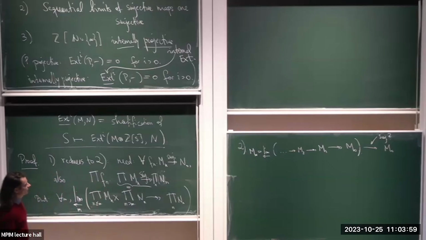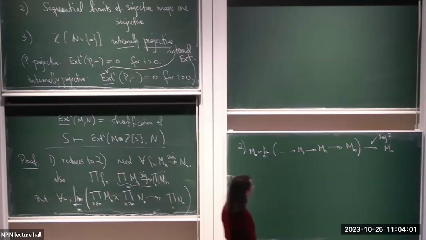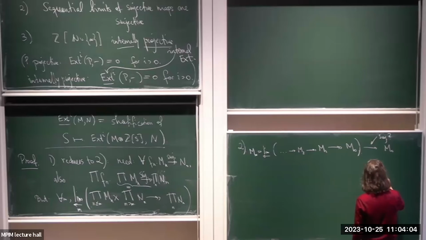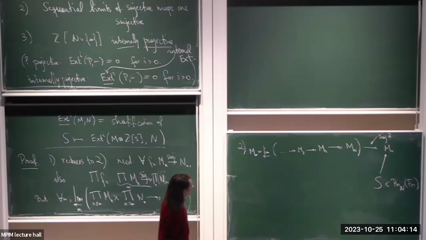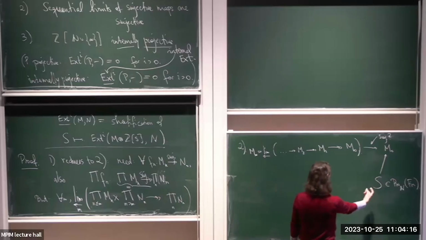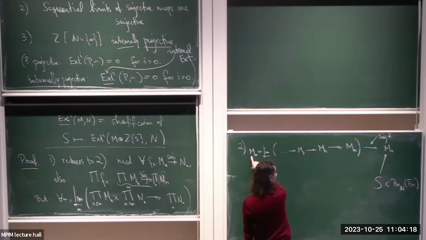So what does it mean to be surjective in the sense of sheaves? This means that whenever you have one of your objects generating your site, so any light profinite set, and a map from here, then, well, if it was a surjection as presheaves, then you should immediately be able to lift that to here.